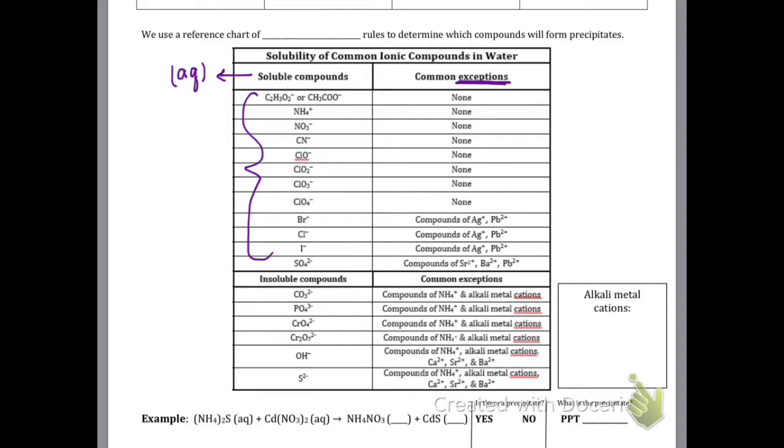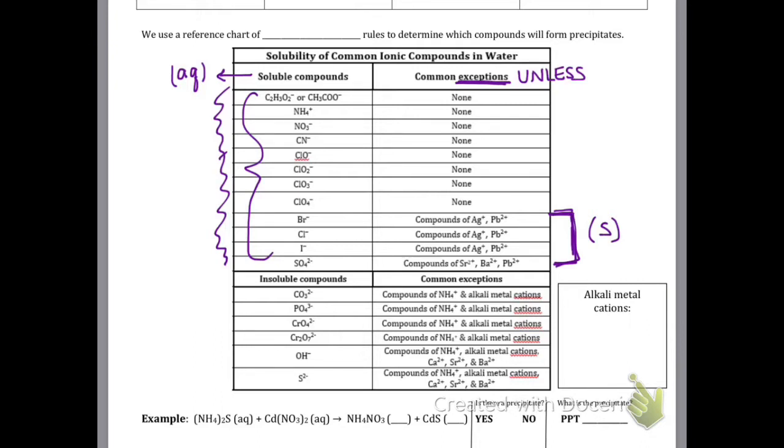So it's saying that all of these right here are soluble. They're going to be aqueous unless, okay, so you're going to be like, unless they are attached to one of these things down here, okay? So here we have these common exceptions down here. If you have a compound attached to these things down here, then we say that it will be solid, okay? It's going to create a precipitate.